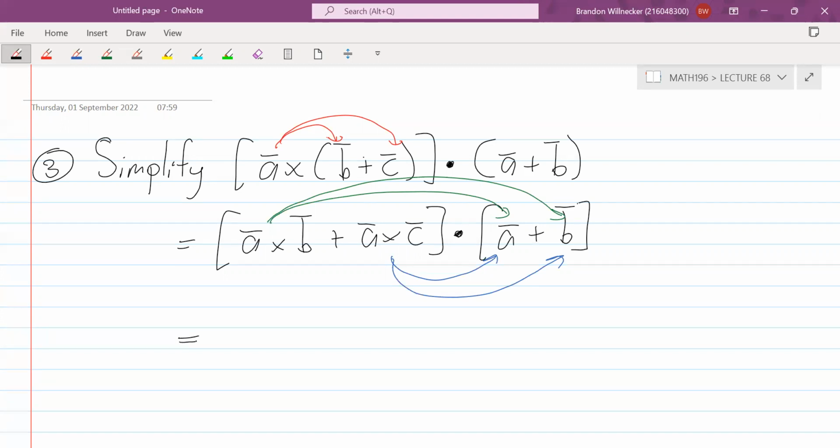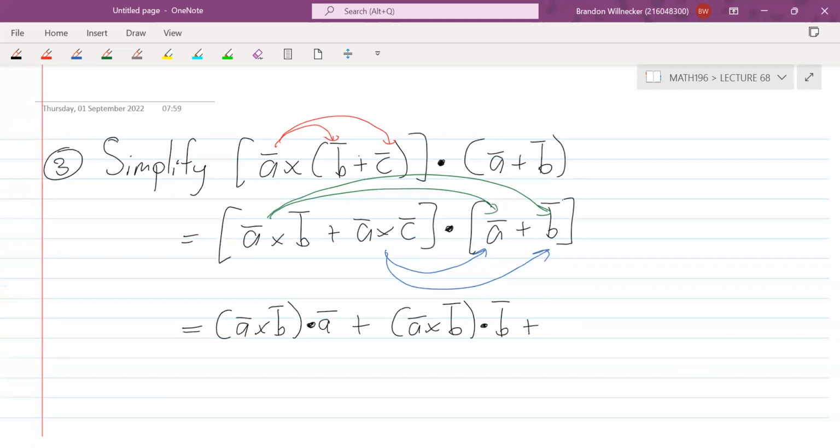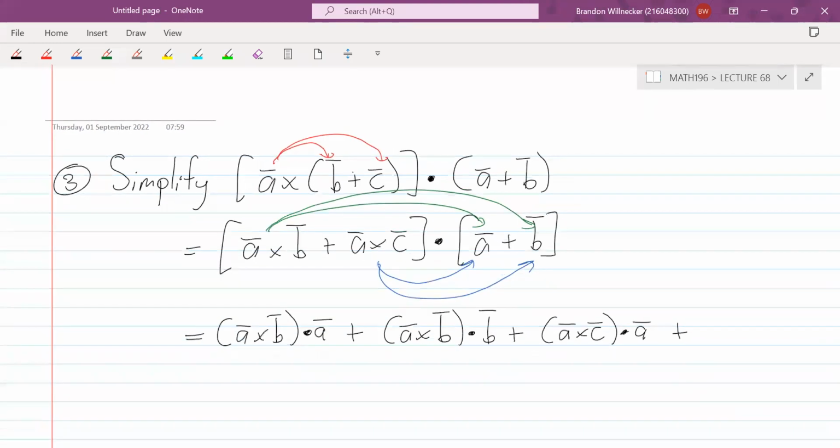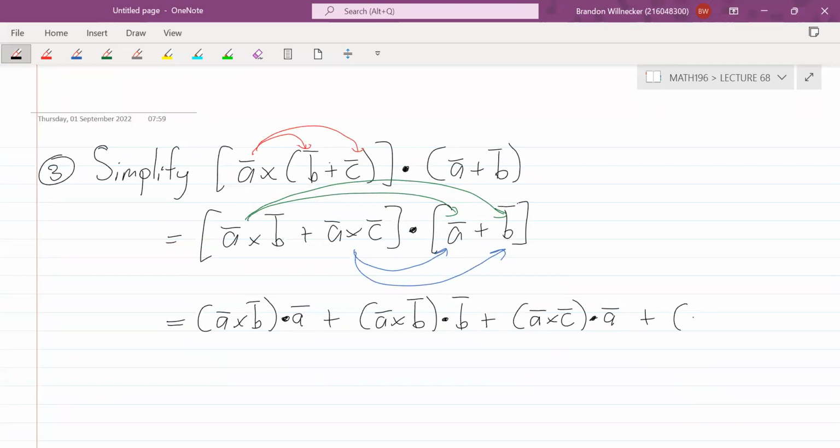So the first one is we're going to get A cross B dot A, plus A cross B dot B, plus A cross C dot A, plus A cross C dot B.